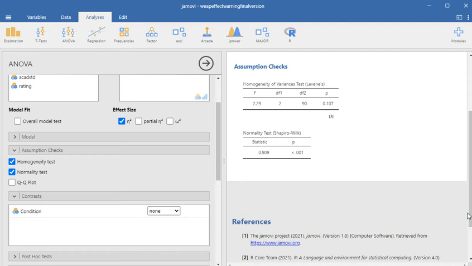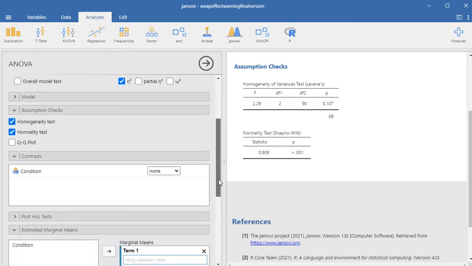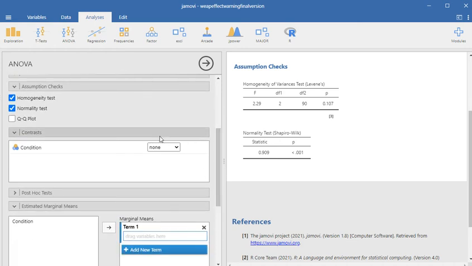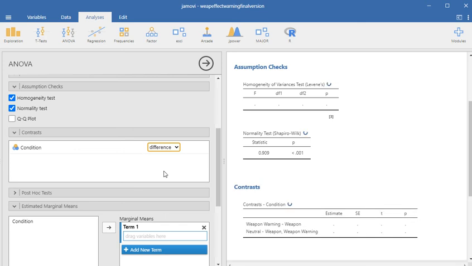And then we're going to go ahead and do our contrasts here, and we're going to get a difference contrast. And what this will do for us is it'll say, hey, take a look at this.